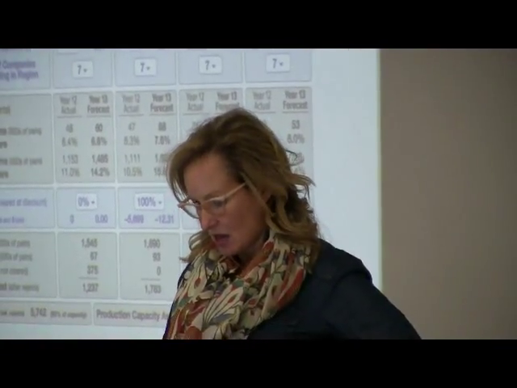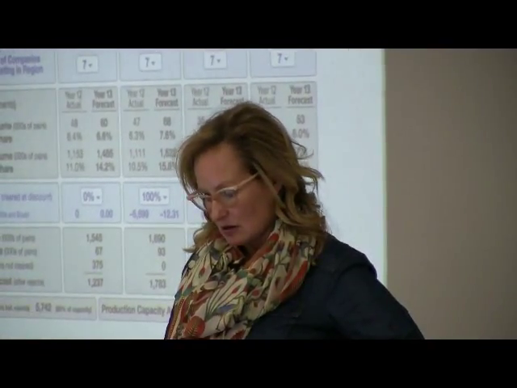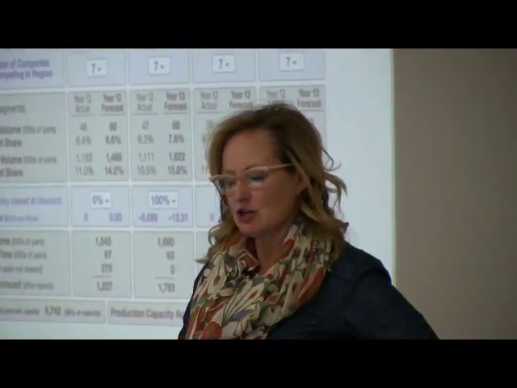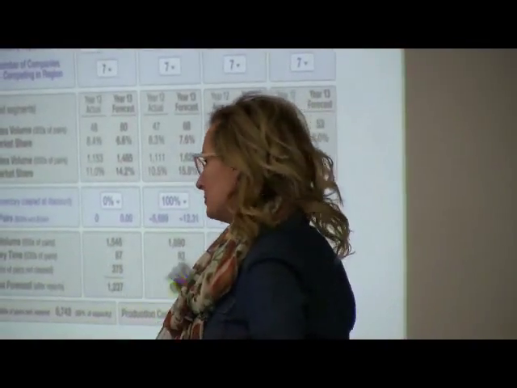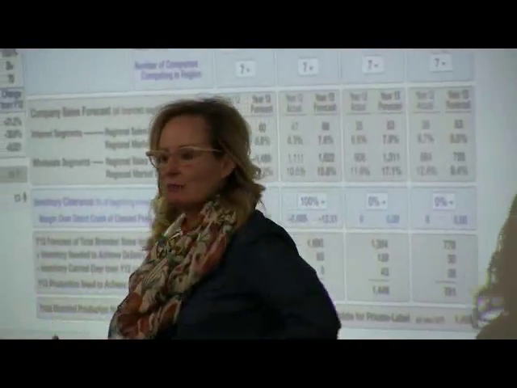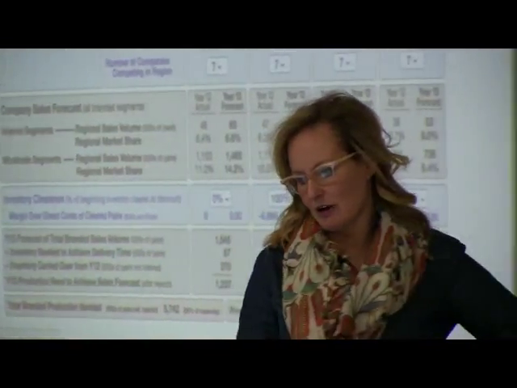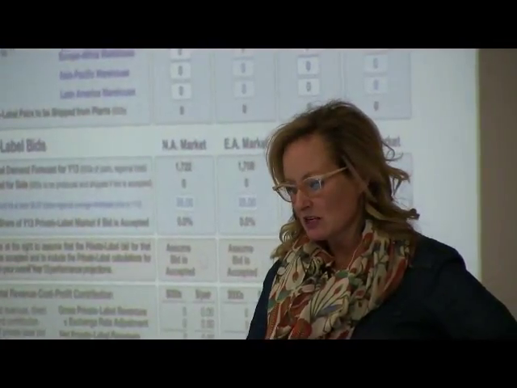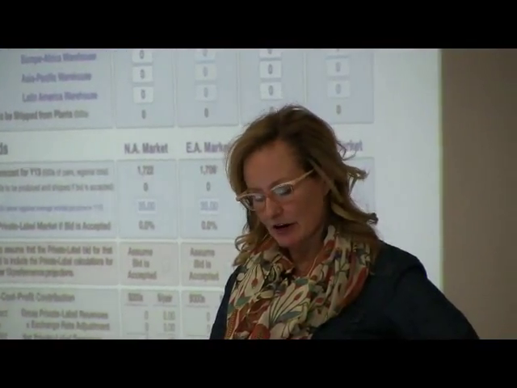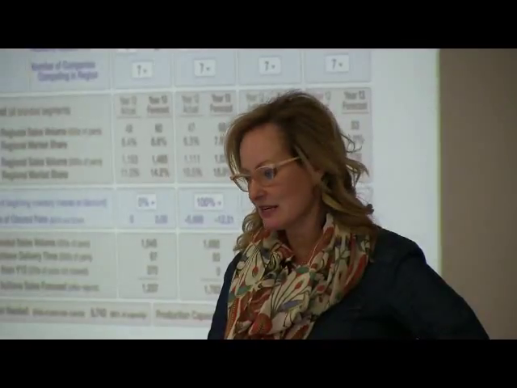Okay, so if you were a company and you weren't going to build a plant, and you weren't going to bid on celebrities, we can go over to private label. So over here, all of this was just the branded stuff, right? So then I have to figure out what I want to produce in private label.